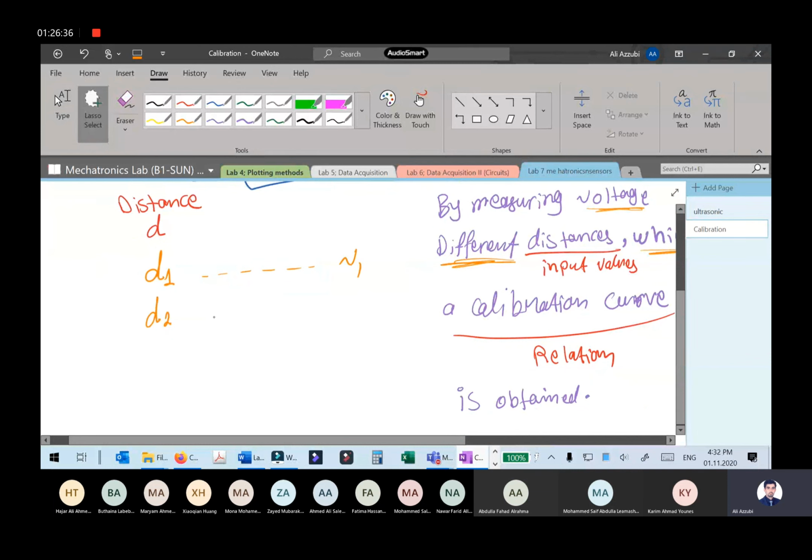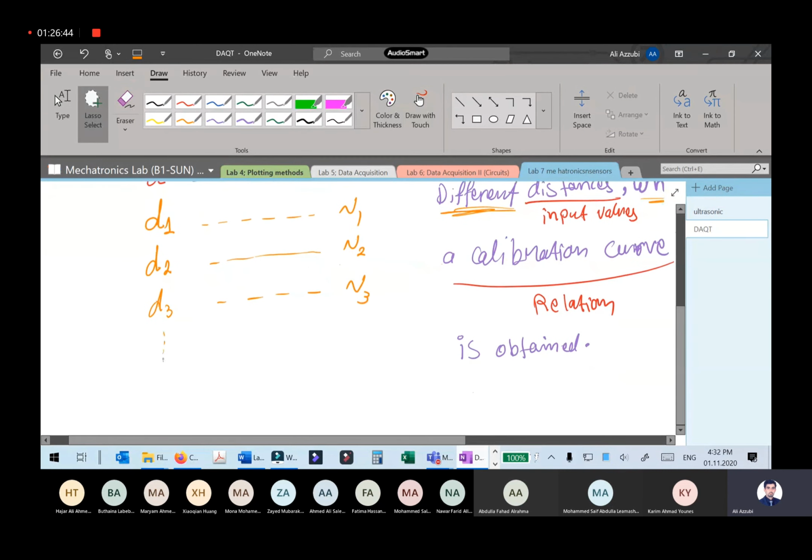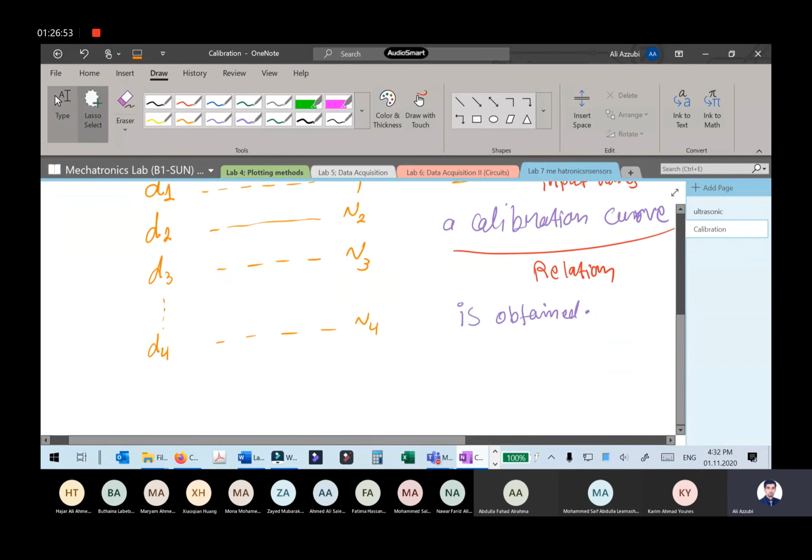Then change it to D2 and measure V2. D3 and measure V3, etc. You do as many points as you need. Now, if I have samples, simply I can build a relation between V and D. Okay, sure, we agree.